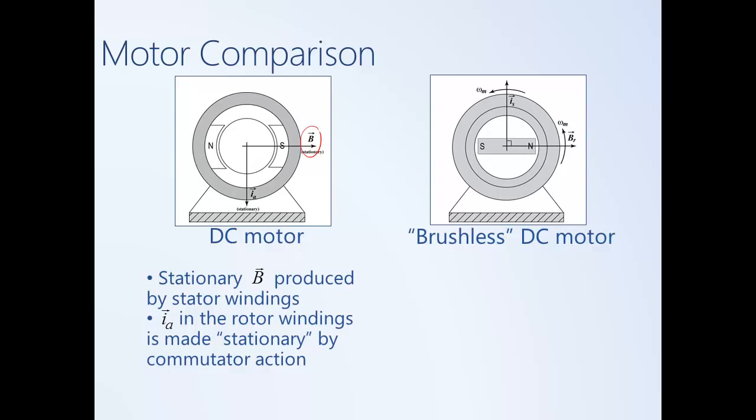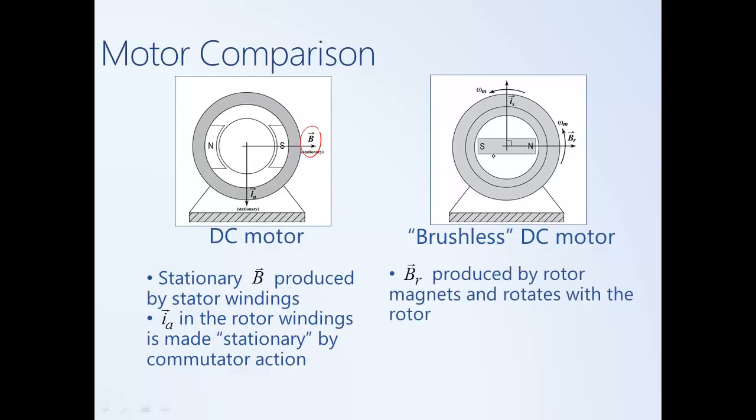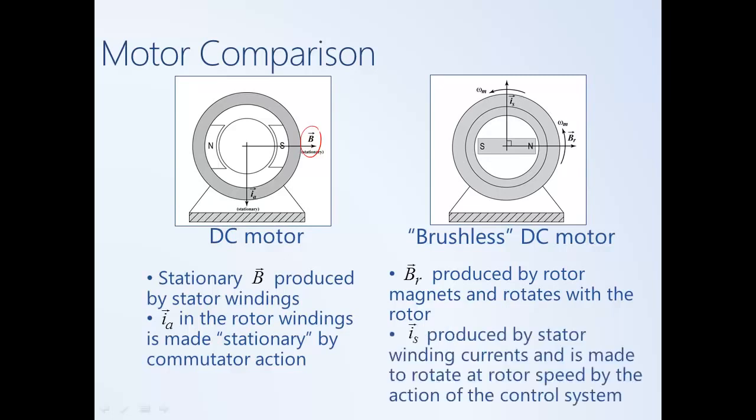With a brushless DC motor, the magnetic field is generated by a permanent magnet rotor, which is spinning. So this magnetic field is moving, and this current space vector, I sub s, also moves, and it's kept in sync by using a control system.